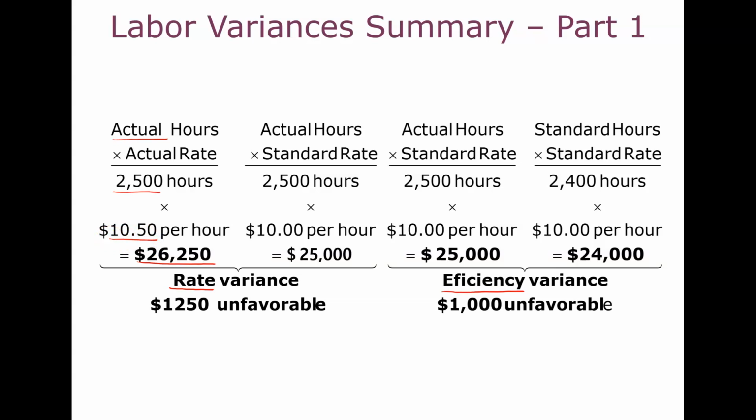So they actually spent $26,250. Using 2,500 hours at the standard rate of $10 an hour, they should have only spent $25,000. So they have a $1,250 unfavorable variance.